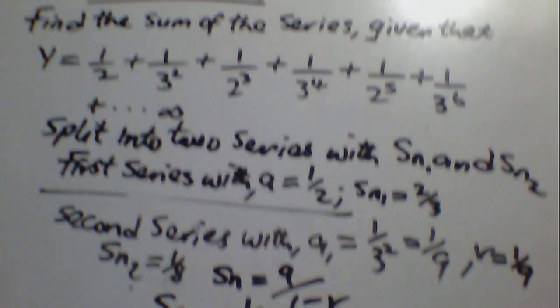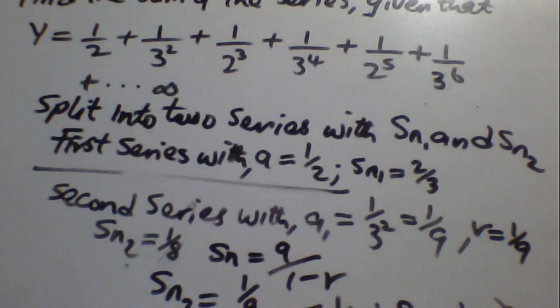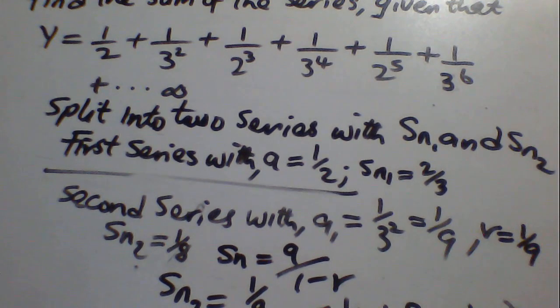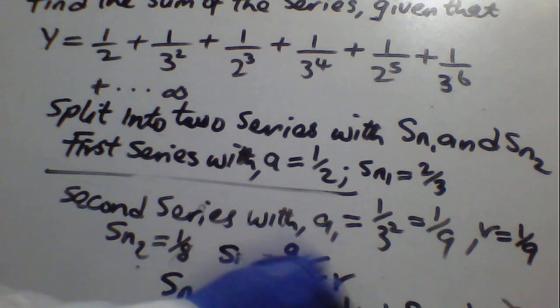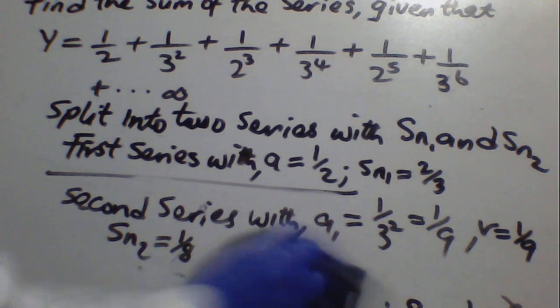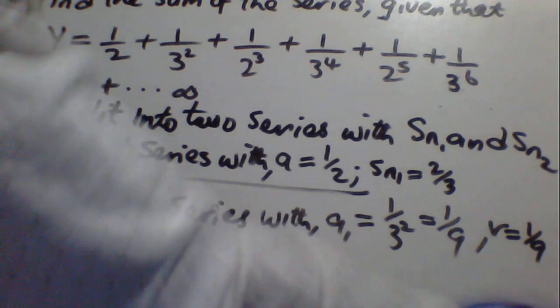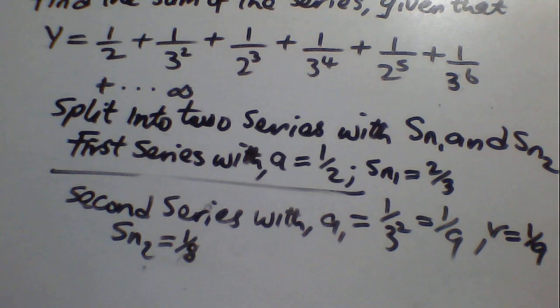Now we have gotten the sums of the two different series that make up the given series. All you need to do is to add the two sums you got.